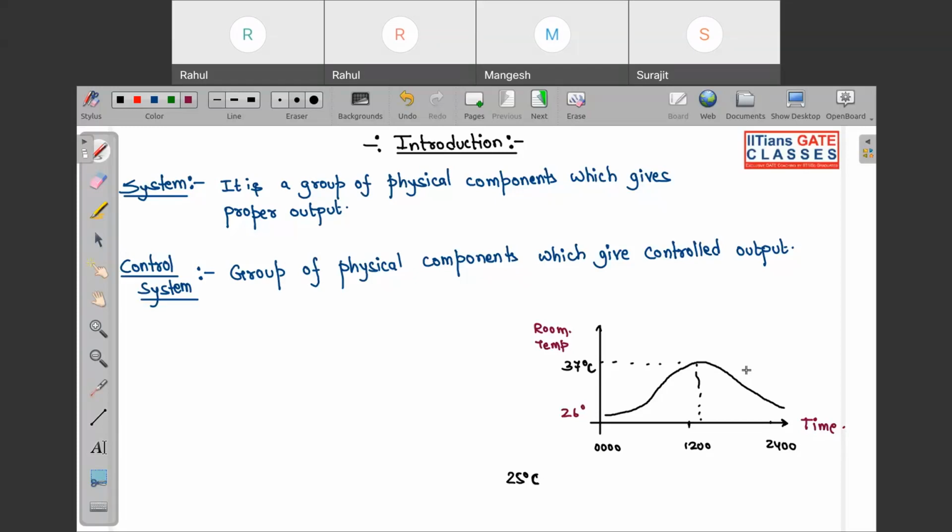Okay, system. Now if you want to control this system, here our output was basically the room temperature. So what do we mean by control system? If you want to control the output of a system, that becomes your control system.